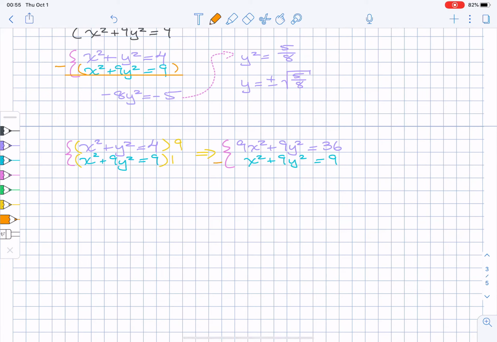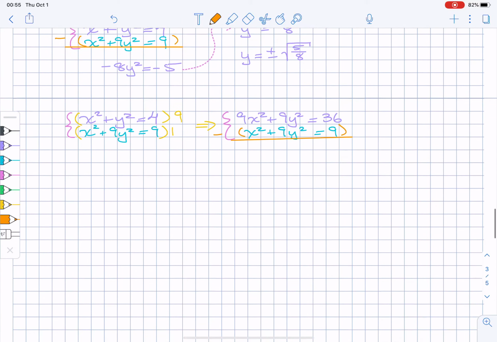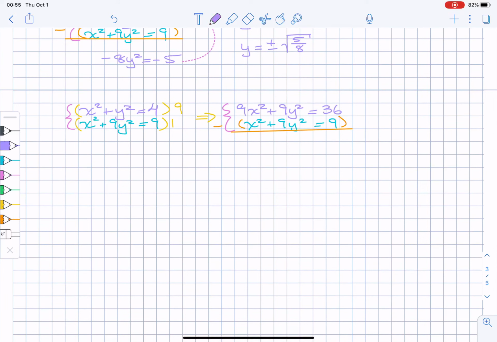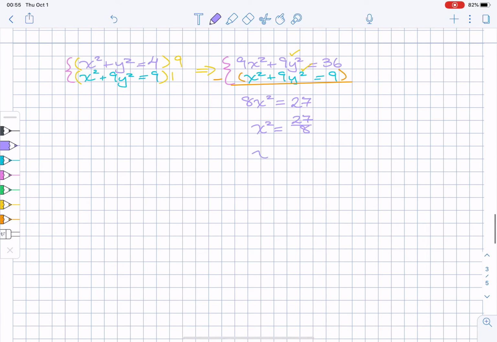So now I need to subtract. So 9x squared minus x squared is 8x squared. The 9y squareds sum to 0 is equal to 36 minus 9 is 27. So x squared is going to be 27 over 8, which means that x will be plus or minus the square root of 27 over 8.